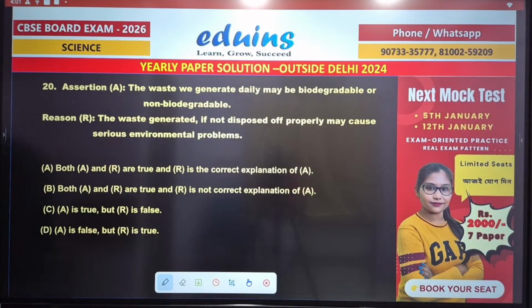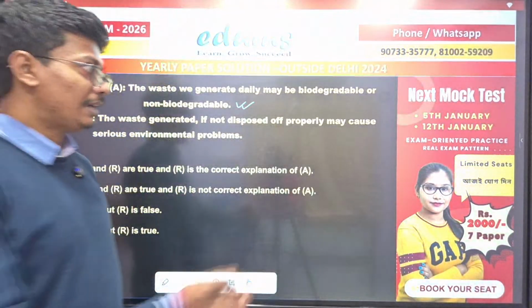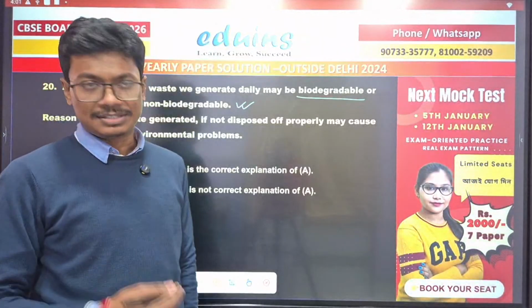So here it is given that the waste we generate daily may be biodegradable or non-biodegradable. Okay, this is true. Of course, the waste we generate may be biodegradable, that is kitchen waste, and non-biodegradable, for example, plastic.